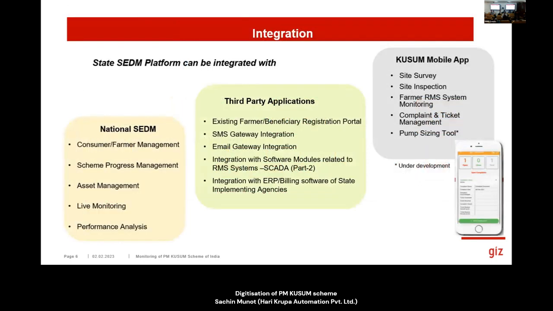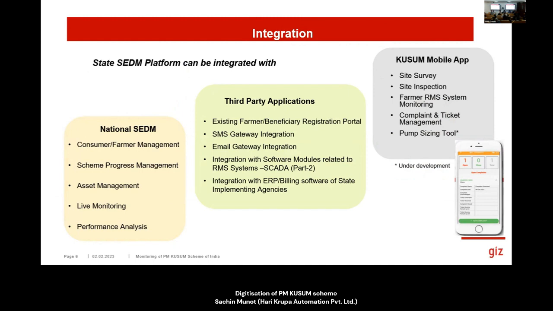Now, this platform is developed for the monitoring and implementation of the scheme, but there is a need for integration with different parallel systems which exist in the ecosystem. The state platform had to be integrated with the national platform for calculation of the CFA, calculation of the subsidy, and the record keeping of the data on to whom this benefit has been passed on. So the requirement of national integration was there.